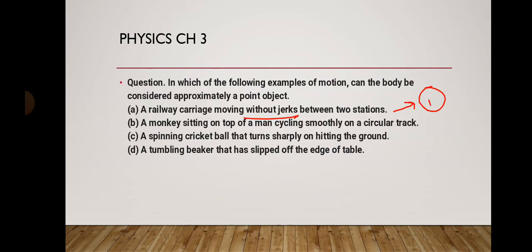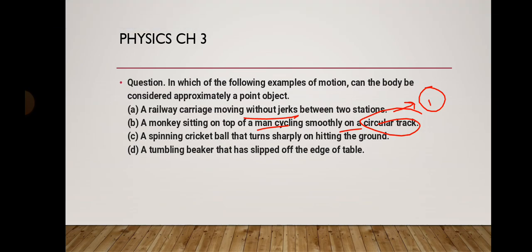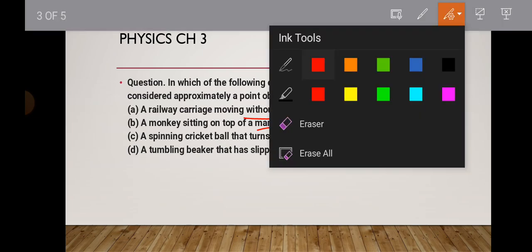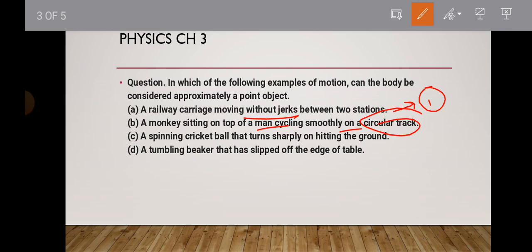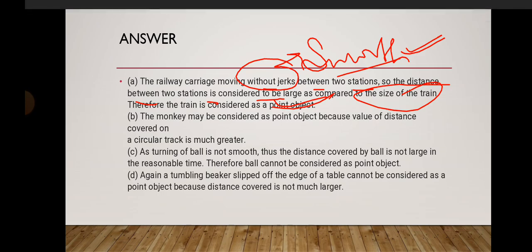Second, it says a monkey sitting on the top of a man cycling smoothly on a circular track. The word smoothly came here, so we can understand that the path is smooth, and the first condition is satisfied.